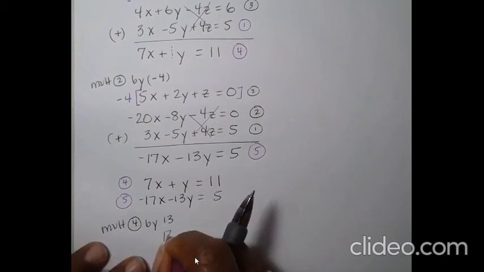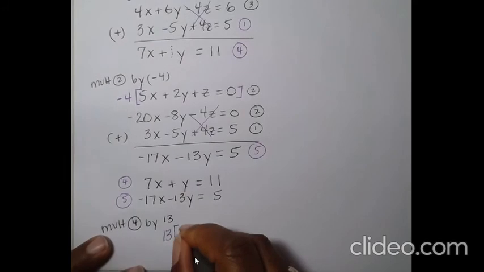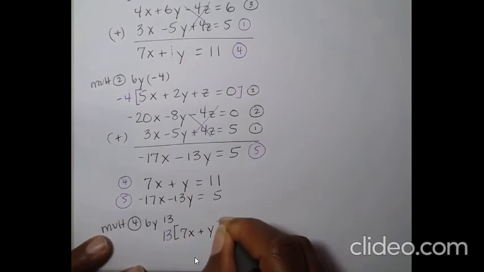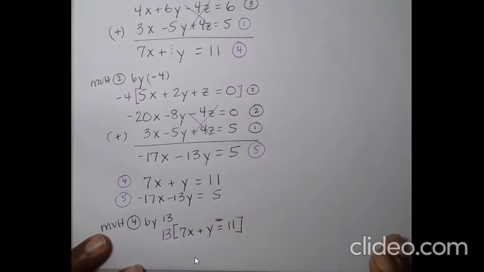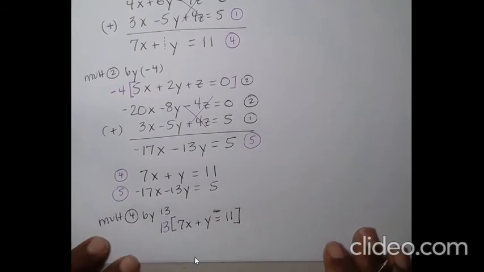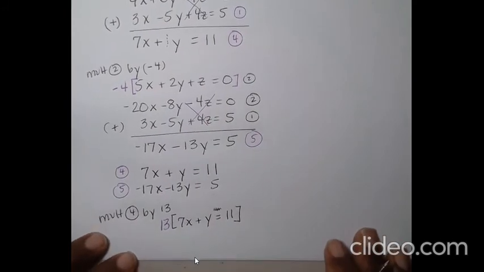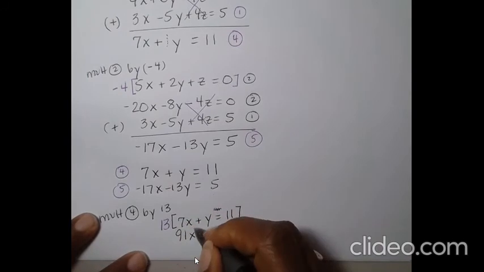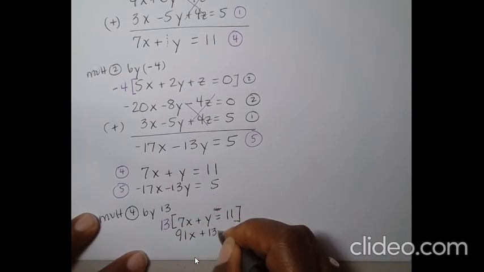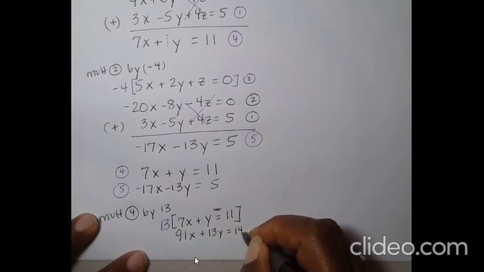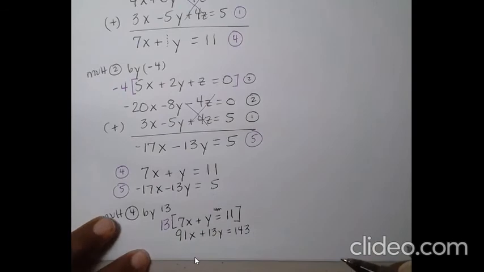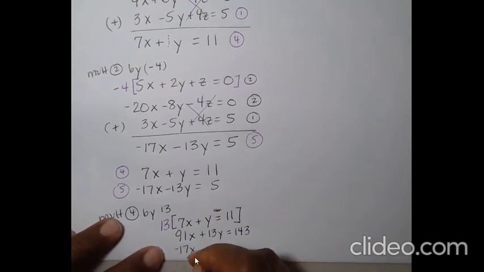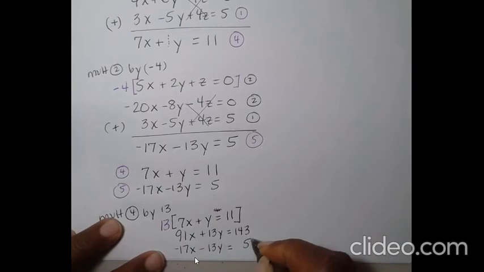So we take 13, we multiply it by 7x plus y equals 11. Multiply by 13. So now we have 91x plus 13y equals 143. And we have negative 17x minus 13y equals 5.